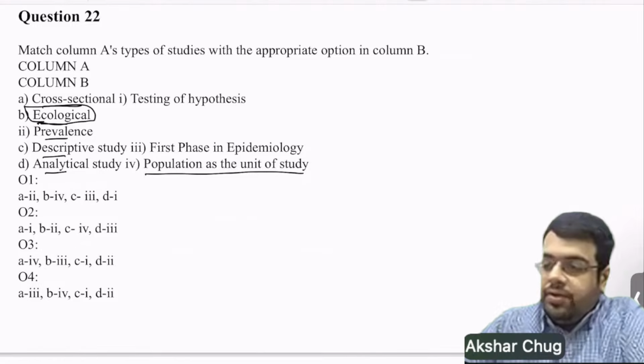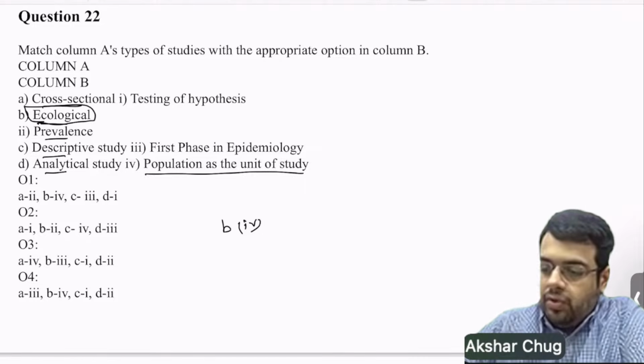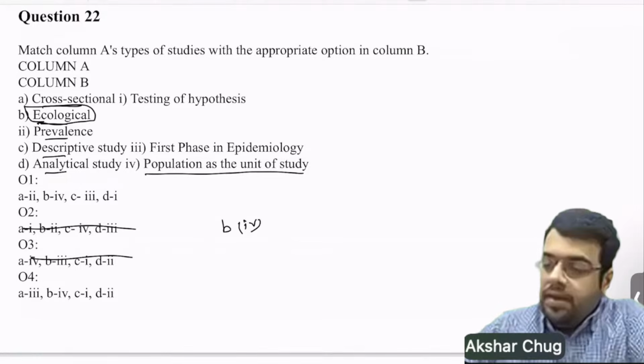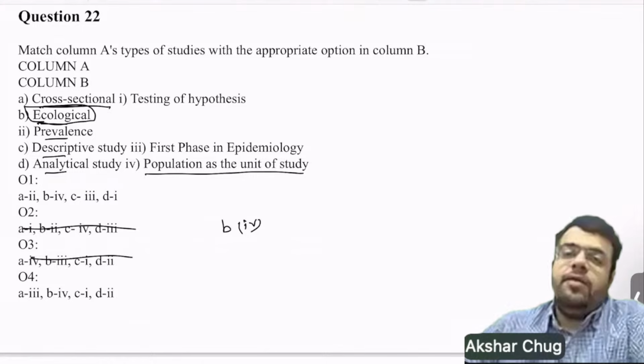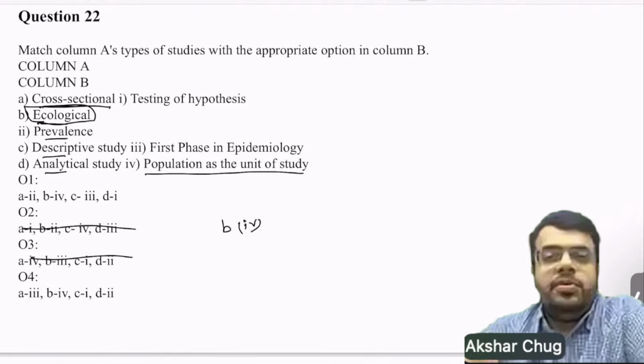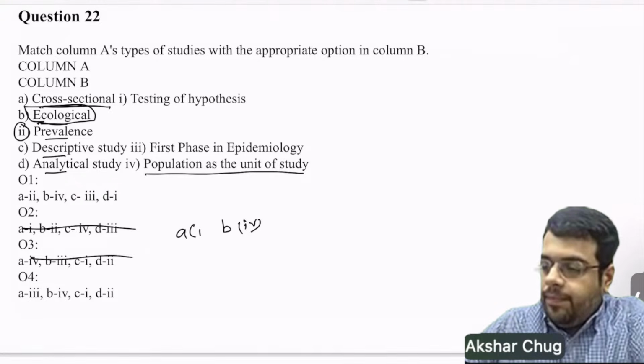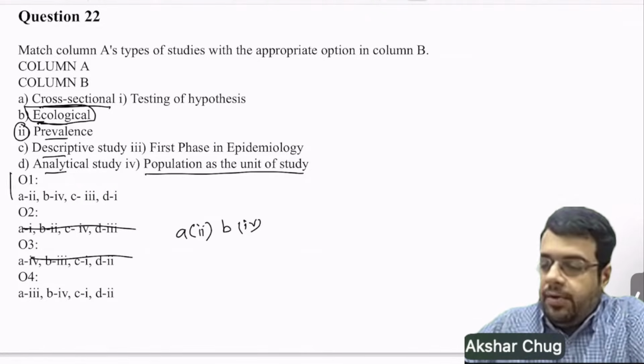So B is 4, and already option 2 and option 3 are out, right? Then in a cross-sectional study, we take a snapshot, so we will be able to see the prevalence of the disease. So A is 2. And by that, we are already at our answer.